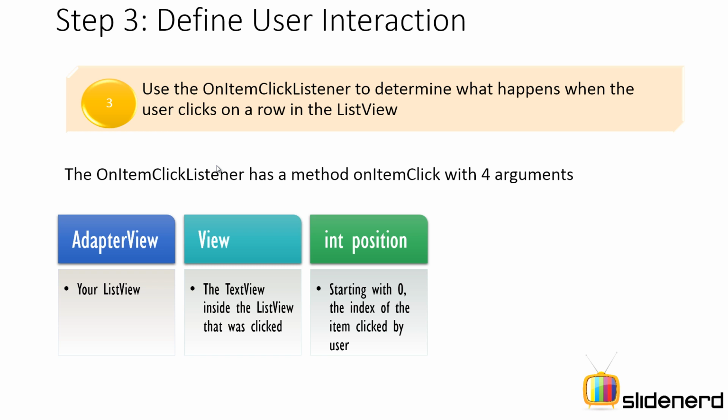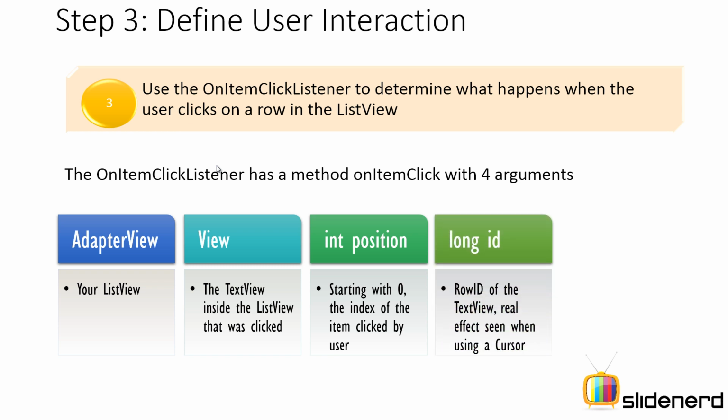For example, it's just like an array. 0 means you clicked the first item in the list view, and so on, right? And then the fourth parameter is a long ID. It gives the row ID of the text view. Now remember, this doesn't matter much when you're reading from simple text strings, but when you're reading from a database, this parameter contains some useful information. We are gonna see what it is later.